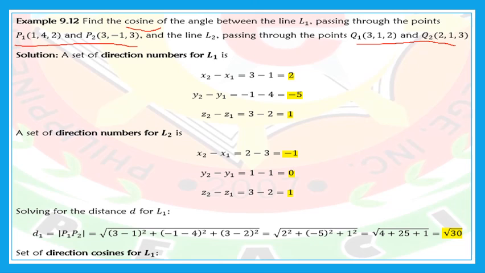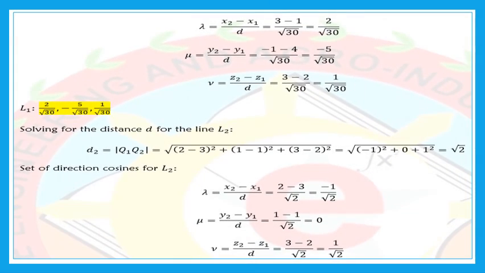Solving for the distance D for L sub 1, we obtain the square root of 30. The set of direction cosines of line 1 is 2 over the square root of 30, negative 5 over the square root of 30, and 1 over the square root of 30. This is just a formula, so review the previous examples.